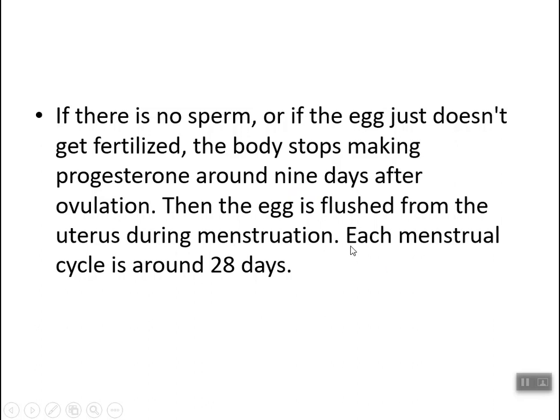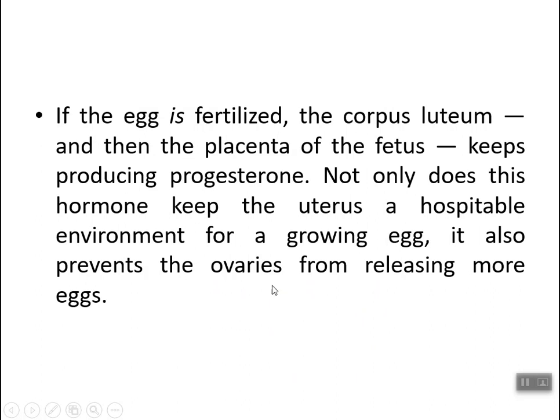So girls have normal menstruation, and the ovum is also flushed out during menstruation. Each menstrual cycle is around 28 days. And if the egg is fertilized, then the corpus luteum and then the placenta of the fetus keep producing progesterone, which is produced by the ovary itself. They prepare the uterine wall for the implantation of the fertilized ovum.